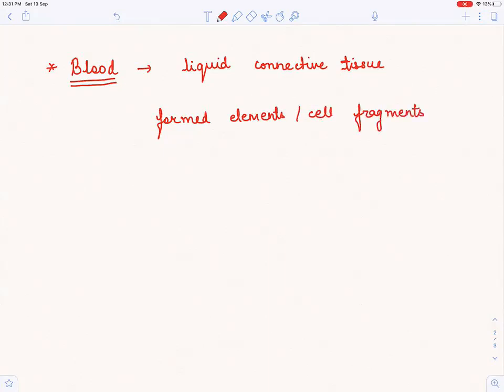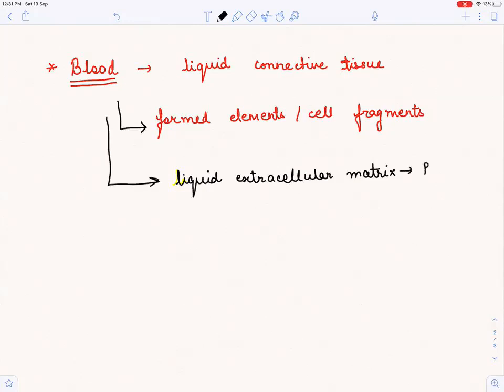And it is also made up of liquid extracellular matrix. What are all these? We'll do it in a sec. So blood consists of formed elements and liquid extracellular matrix.